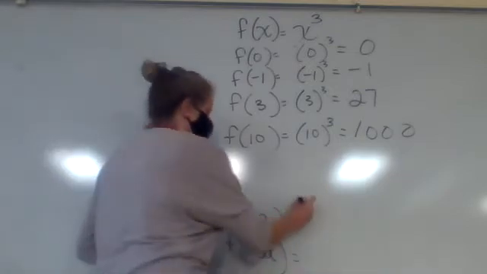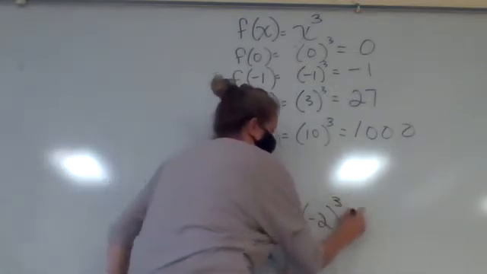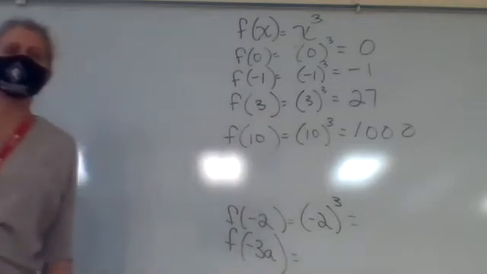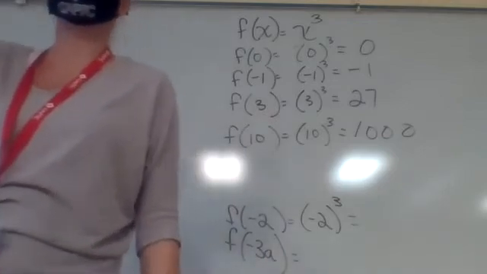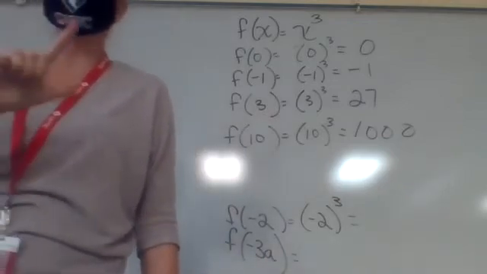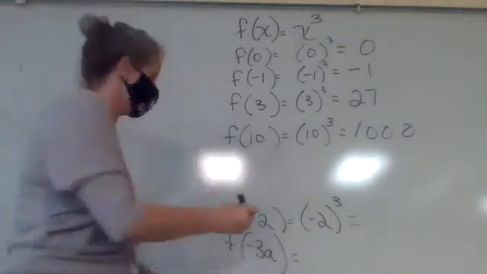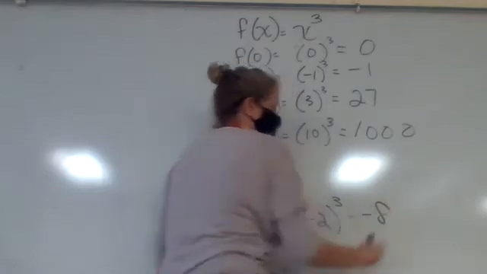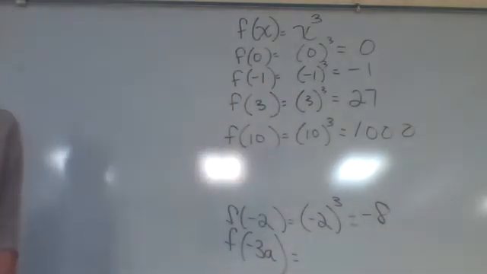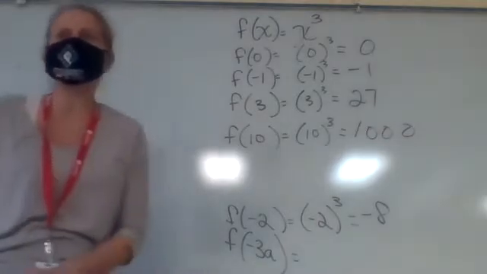Down here to -2 to the 3rd. Let's see, -2 times -2 is +4. +4 times -2, right? Because you got to do it 3 times, gives you -8. Now, this last one, f of -3a.